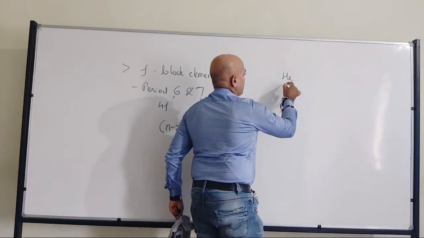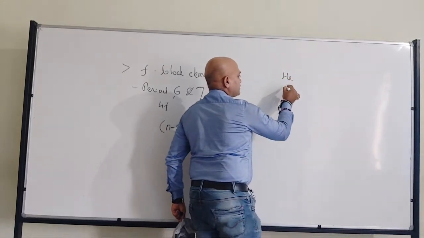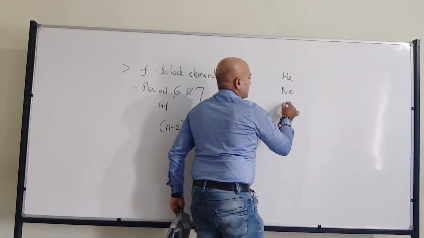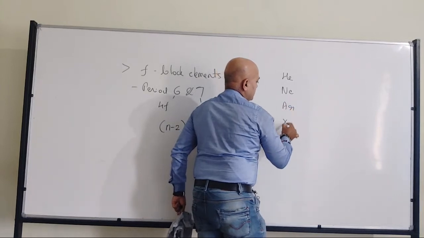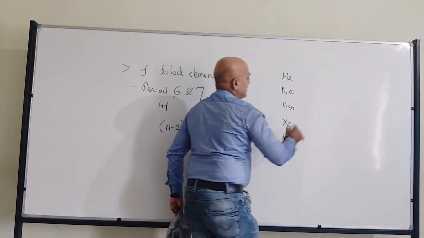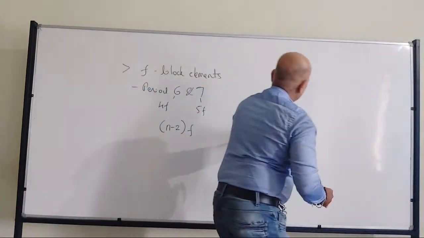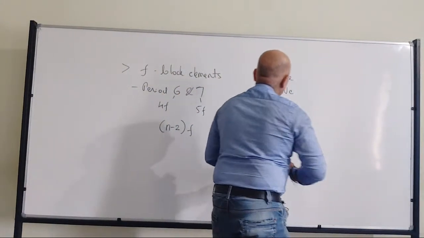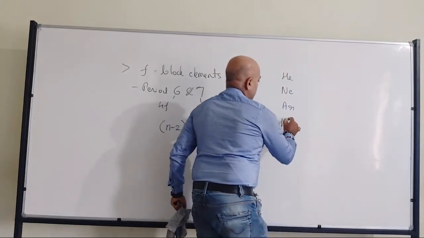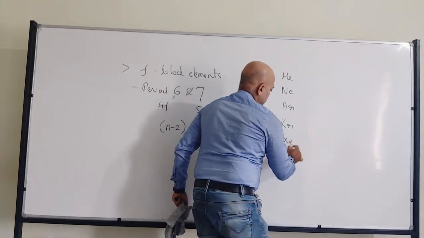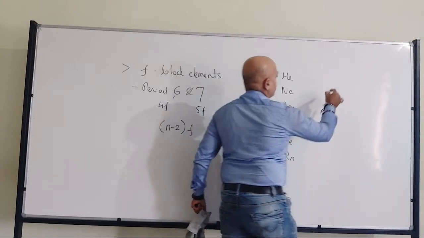So once again, we will write some of the electronic configuration. Helium, neon, argon, krypton, xenon and radon.